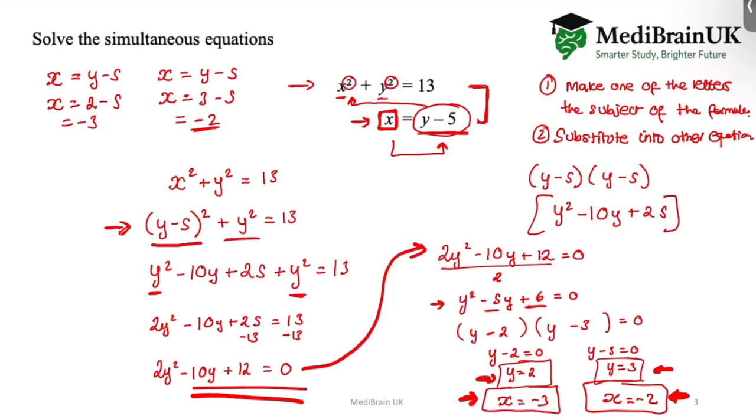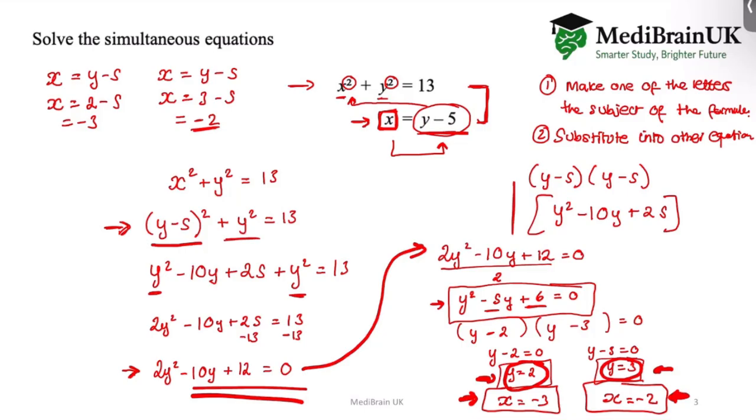You're then going to expand your brackets. That's what we did over here. You're going to simplify down to get your final quadratic. And then you're going to factorize to get your solutions for your first letter. So we got y equals 2 and we got y equals 3.